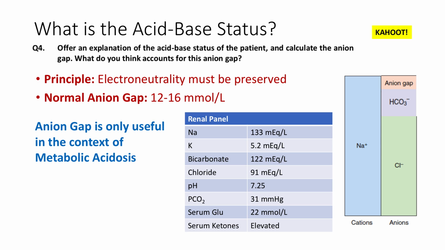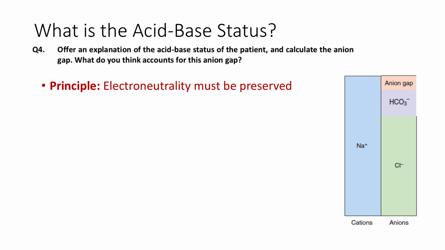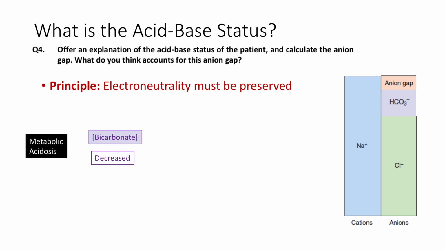Anion gap is only useful in the context of metabolic acidosis. Why is it only useful in metabolic acidosis? We can look at that now. In a situation of metabolic acidosis, my bicarbonate is increased or decreased? Decreased. So in order to compensate for the decreased bicarbonate, what must happen to my chloride?